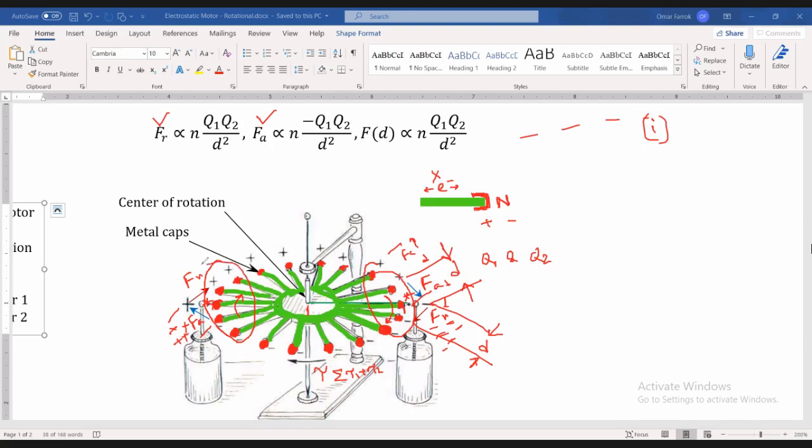There are a lot of attraction and repulsion forces together, and this is the combination of all the torques that work on the left side and on the right side, or you can write the summation, then we'll get that.